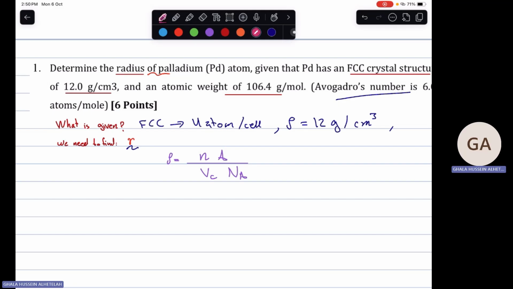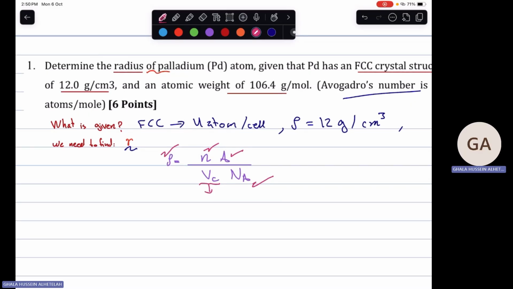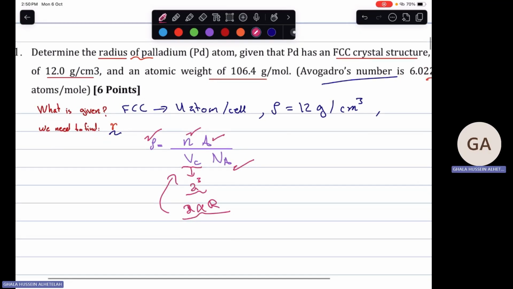We have the atomic weight, the number of atoms, the Avogadro number, and also the density. For the volume, we can find a relationship. What's the volume of the unit cell? It's basically a to the power 3, a cube. So by finding a relationship between a and r, we can substitute r based on a in this equation and find what is r. Okay, let's do it.